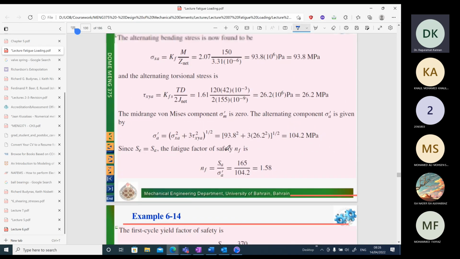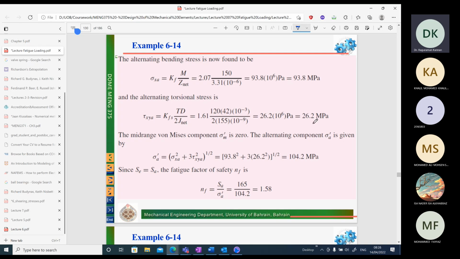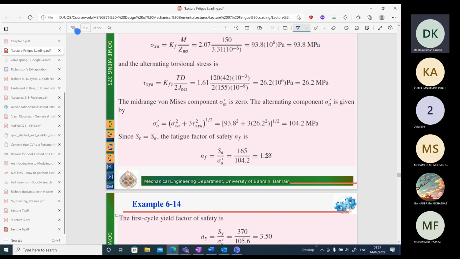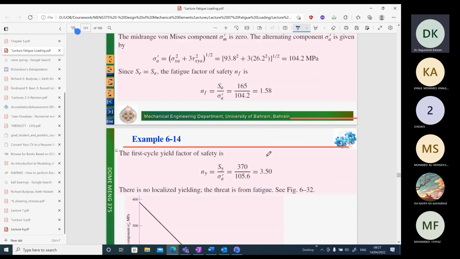Now let's go back to the values. We have these values. Since we have combined stresses, we have to figure out what is the von Mises stress according to distortion energy theory for a 2D case. And in the 2D case, this is the simple formula. And we can figure out von Mises stress and find the factor of safety. So this is very simple. Now, if the factor of safety is more than 1, the life of the specimen is going to be infinite.